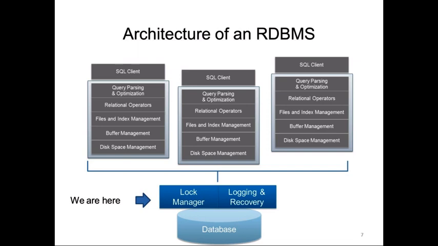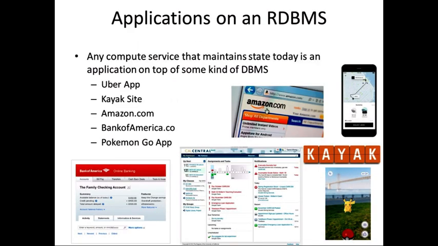So we are here in our discussion, and let's start by clarifying a bit, at a high level, the role of these two submodules, the concurrency control manager and the crash recovery manager. And as discussed in the inaugural class, in the first lesson of this course, today any compute service that needs to maintain state is an application on top of some kind of database.